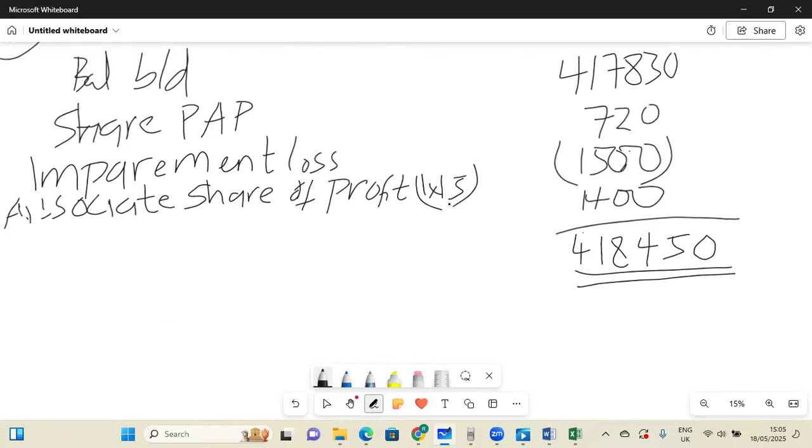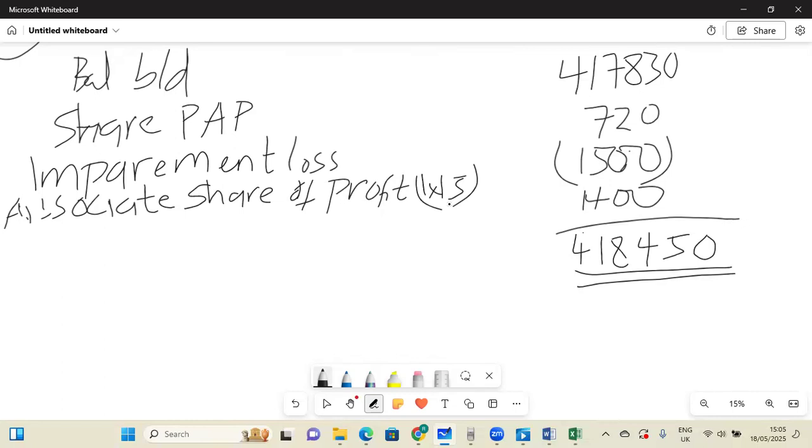Even though there was some intra-group sales, you can bring it in here, debiting the sales and crediting the cost of sales, right? But it will just waste time. So you can just do it straight from the statement of profit or loss and other comprehensive income.